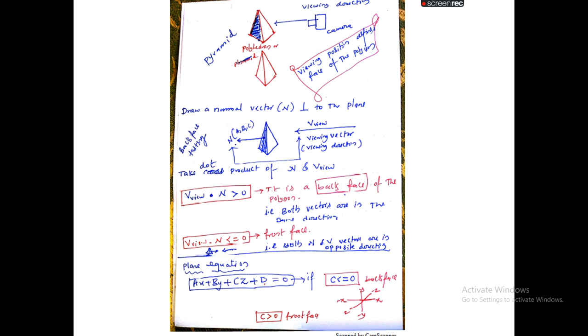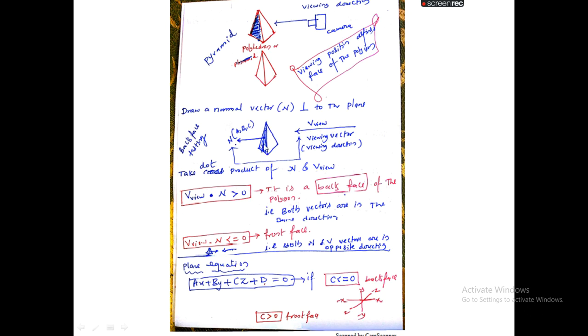To make this decision, we need to draw a normal vector N perpendicular to any surface of the given object. So assume that there is one pyramid. This is our viewing vector, or I can say the viewing direction. Whatever the arrow I drew, this is called the viewing vector. Now there is one pyramid.